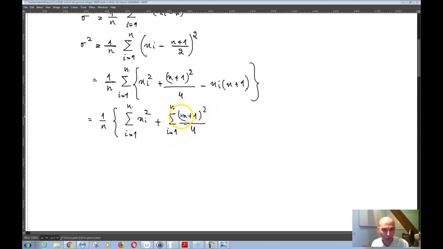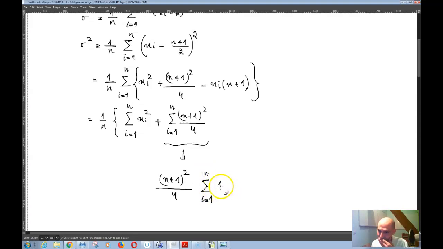This remains x plus 1 raised to the power 2 divided by 4, which you can treat as a constant. So I can write this part as x plus 1 raised to the power 2 divided by 4 times sigma of 1, as i goes from 1 to n.